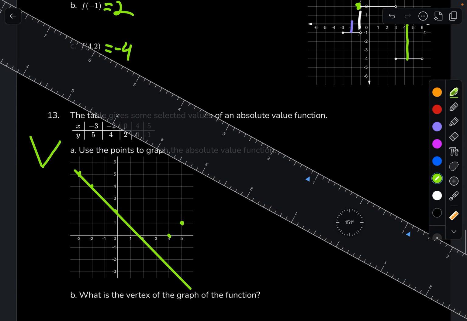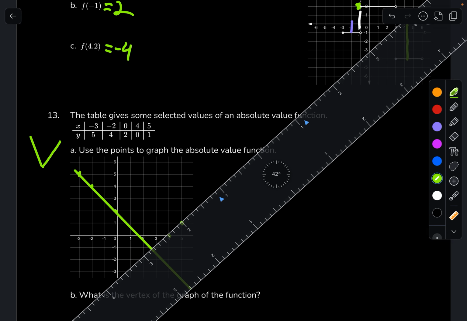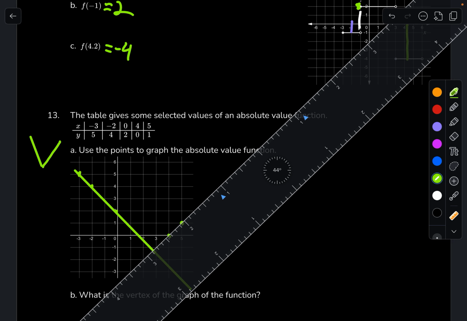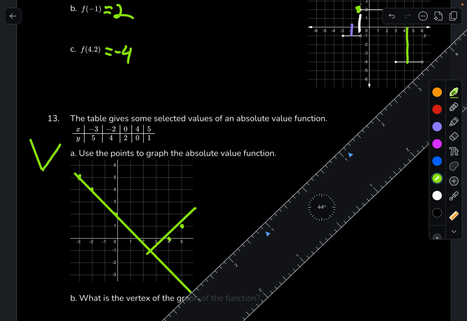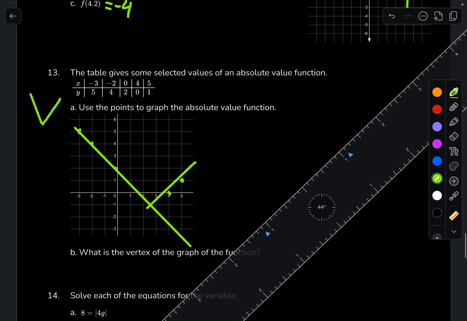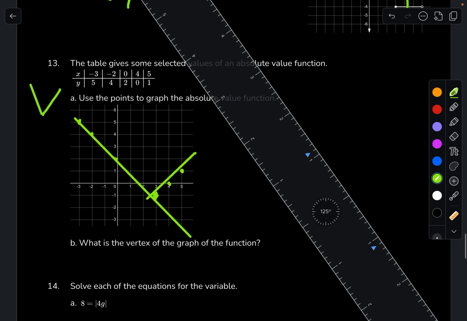Why is it doing this? There it goes. And my screen moved on me. They cross right there, if you were more careful than I was. So the vertex is where those 2 lines cross. It's 3, -1.